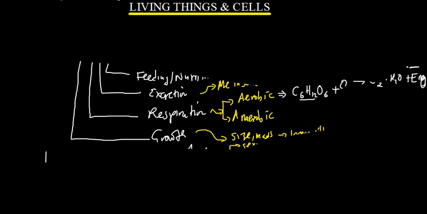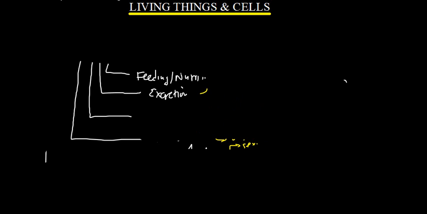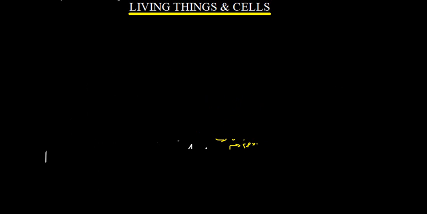Okay, good. Please make sure that you know the 7 characteristics of living organisms. Now, let's talk about what a cell is. What is a cell? A cell is a fundamental basic unit of a living thing.